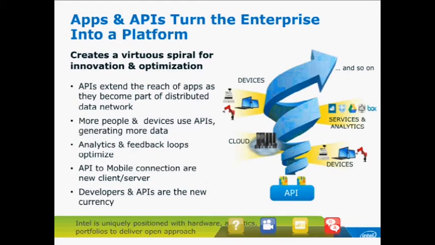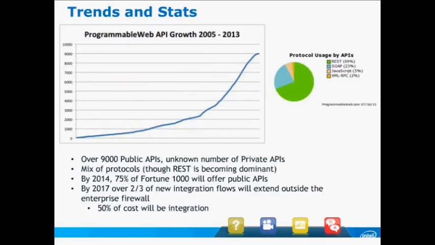So according to Programmable Web, there are over 9,000 public APIs, and then behind that there are an unknown number, probably much higher, in private APIs. I know from my experience in Intel IT, Intel has its cloud services platform. We have a few other APIs that we expose publicly for developers that we advertise through a portal.